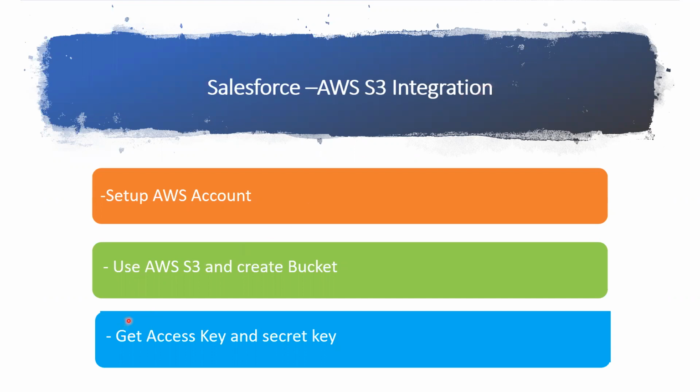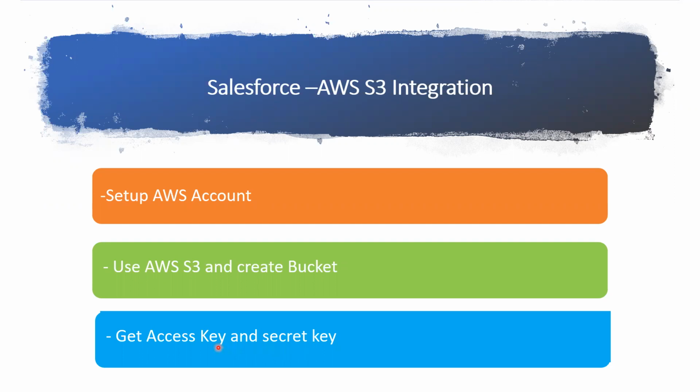For the first activity, we have to get the access key and secret key, which we will use to authenticate the service. Only those who have this access key and secret key can connect to this S3 bucket, not anybody else. Like you remember in the previous session, we talked about auth parameters. I'm going to build something similar here.